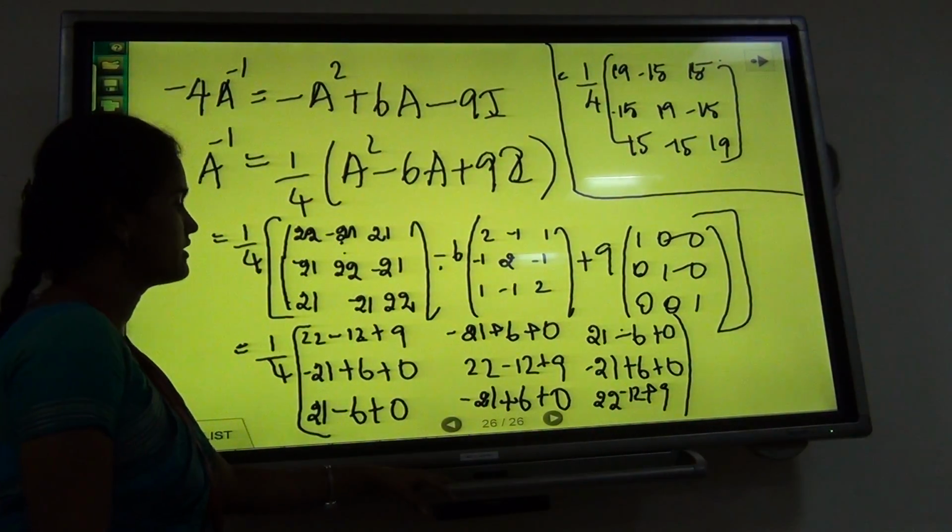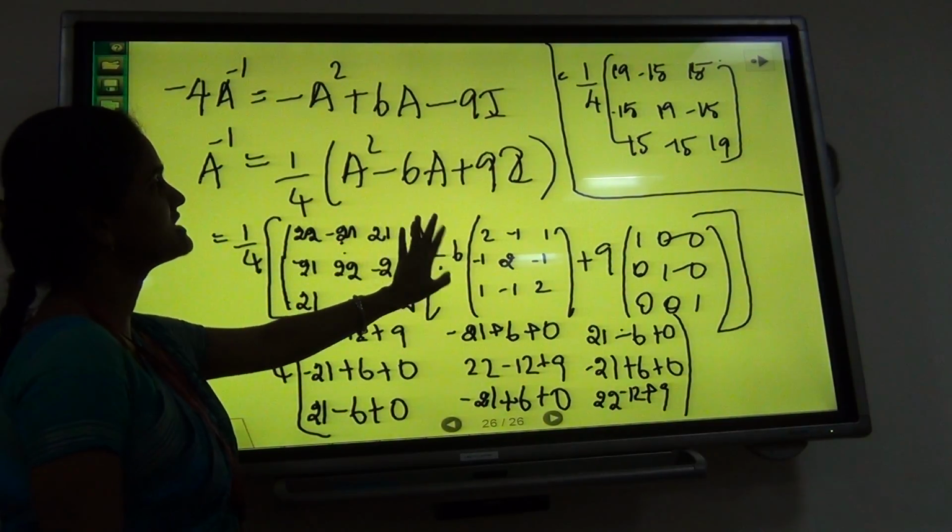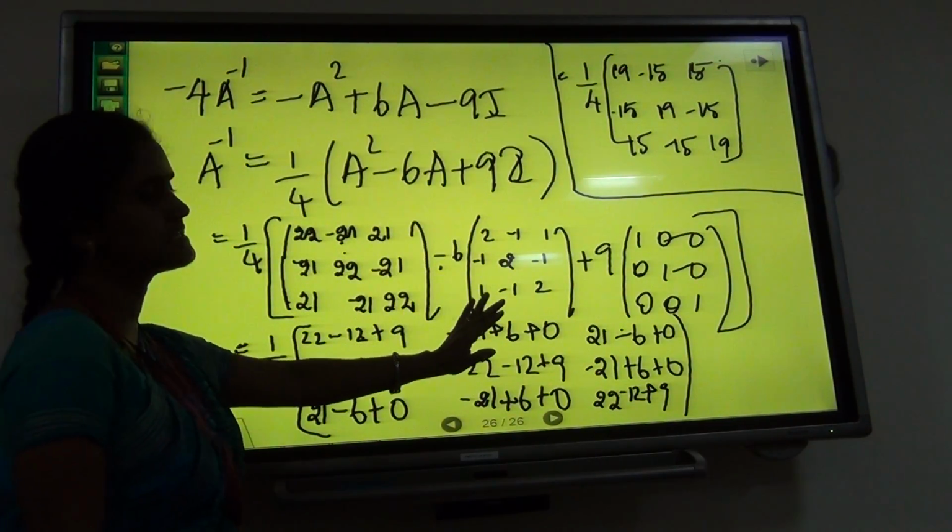So as we simplify this A square minus 6A plus 9I, we could get what A inverse is.